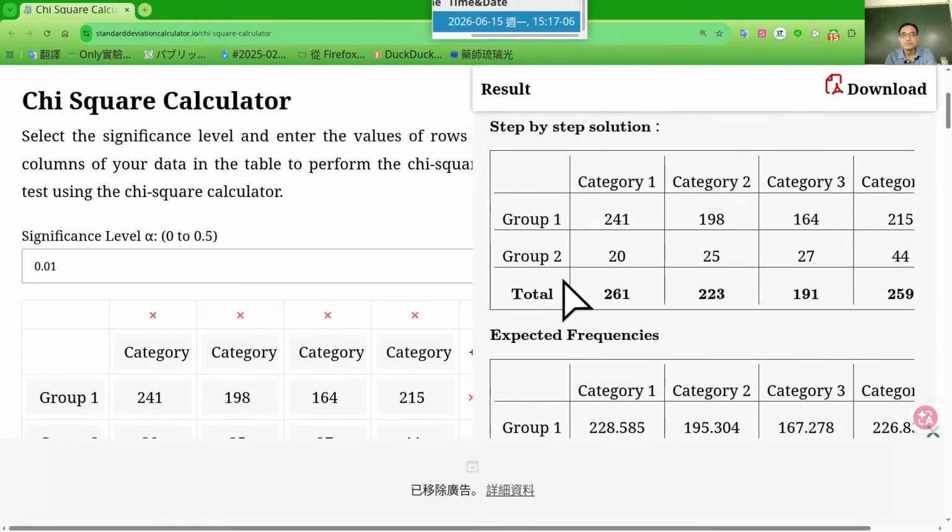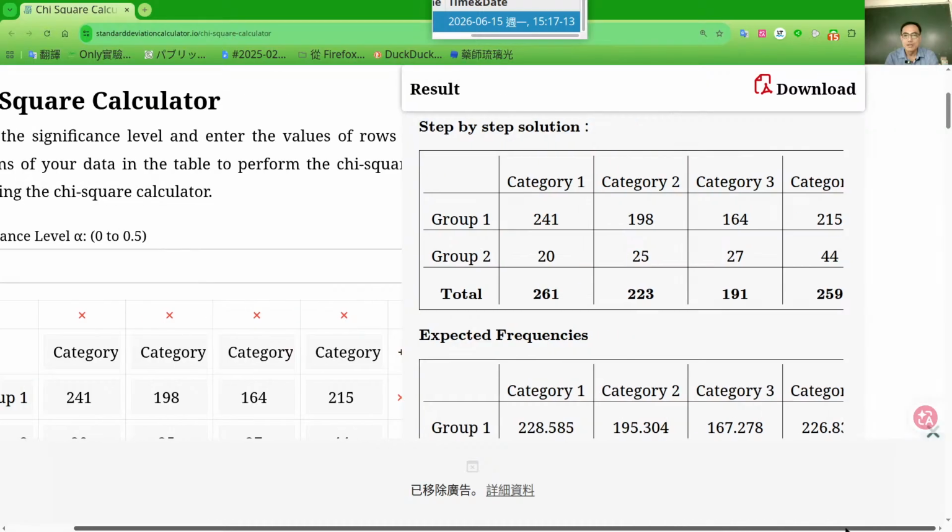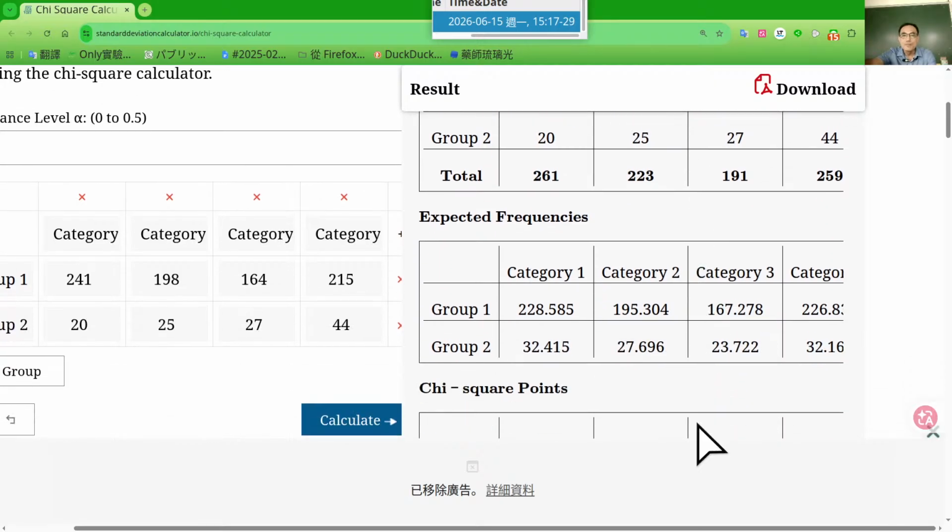See? Let's check it. Group 1, category 241, 20. The total for the non-breastfeeding is 261. Like this one. And expected frequencies, 228, about this.